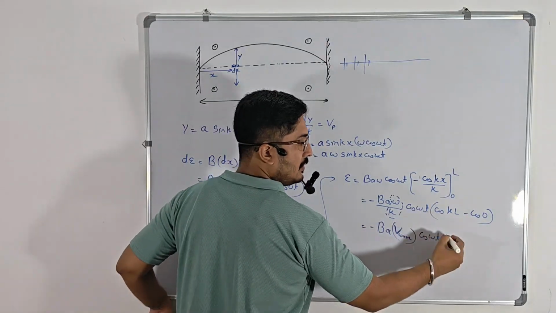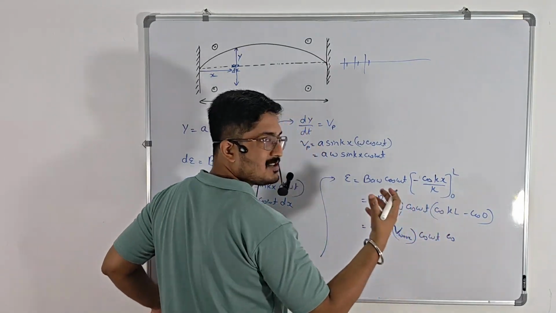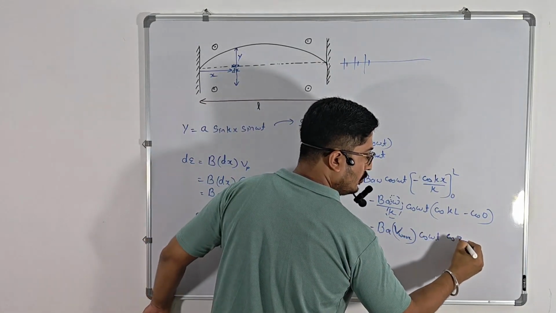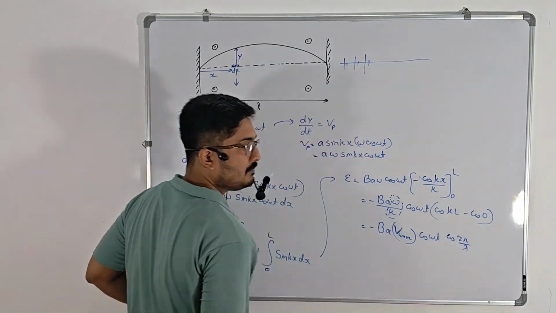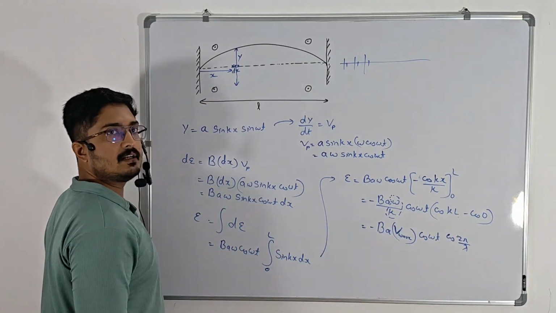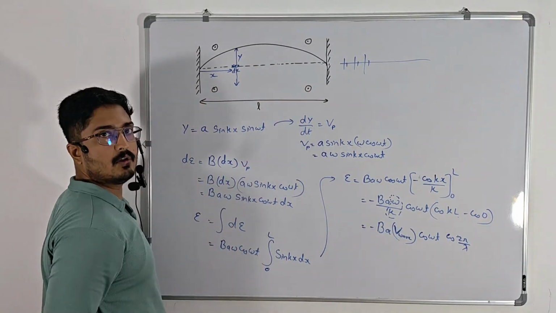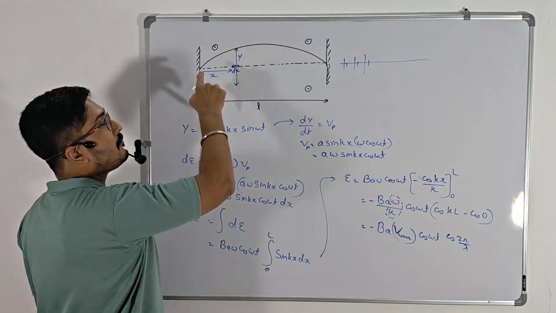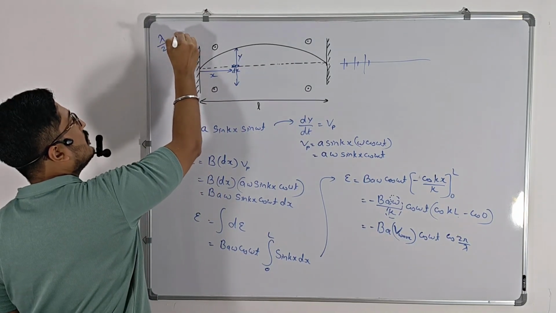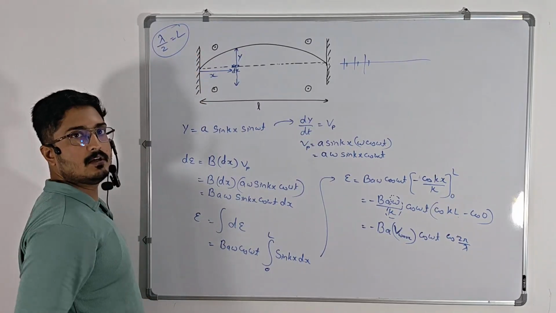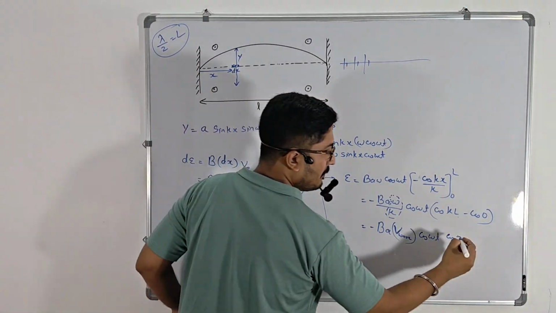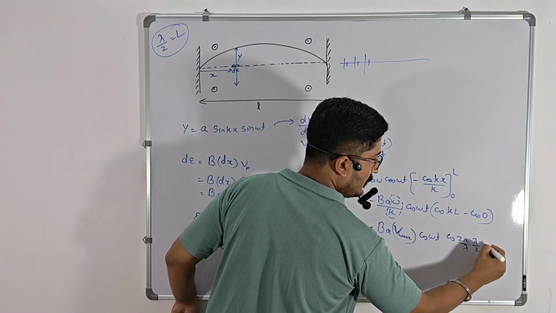Now, what about cos of k? It's called the wave number, right? If you remember, you can write it as 2 pi by lambda, that's the formula, into L. Now they have specifically said that this is the fundamental mode. If you remember the waves chapter, for the fundamental mode, lambda by 2 equals L. So wherever I have L, I can put lambda by 2.